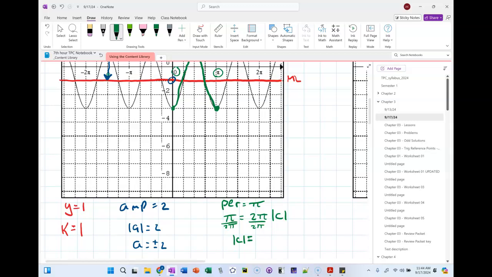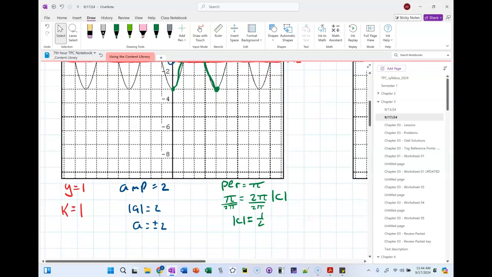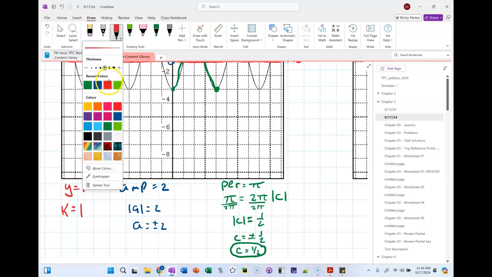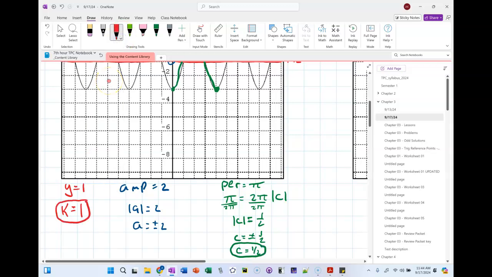So what do you get? Pi divided by 2 pi? 1/2. So C will be plus or minus 1/2. But what do we always do with C's? Always take the positive. So everybody, so far, so good.